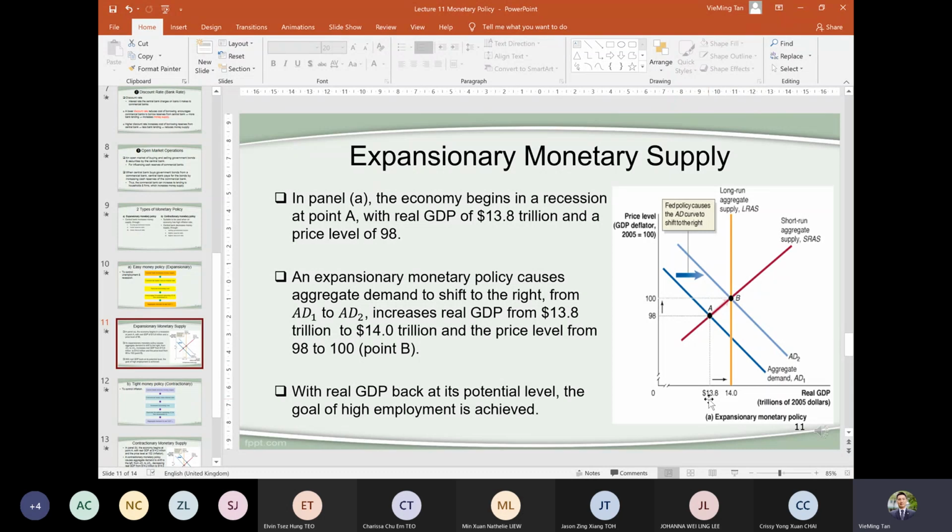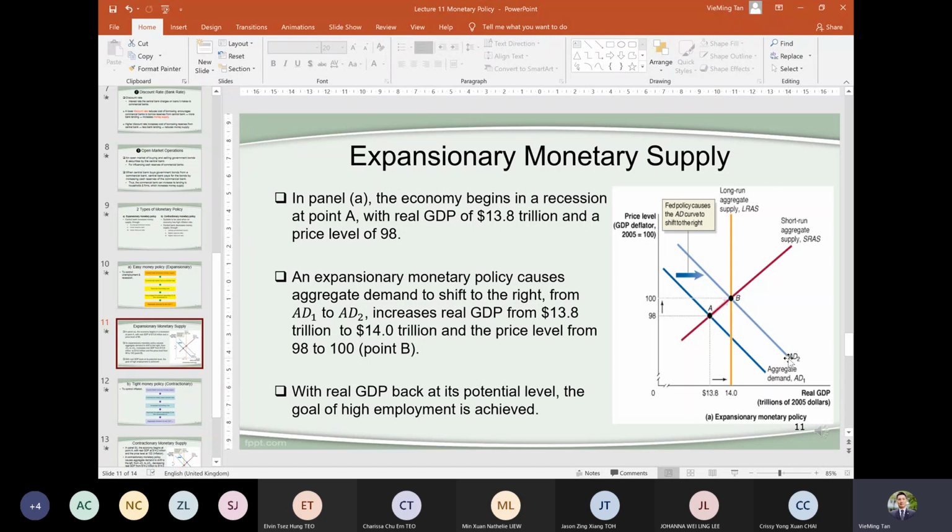Now assuming that the central bank is practicing the expansionary monetary policy, what is going to happen? This is going to shift the aggregate demand curve to the right hand side, because there is more money now in the economy. This will encourage spending by households and also by private firms. Once I and C are increasing, the AD will shift to the right. So assume that the AD will shift to AD2 now.